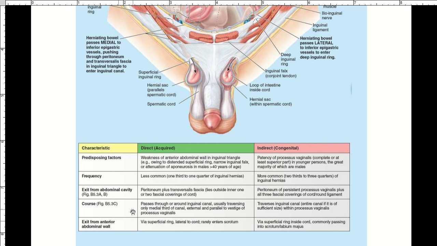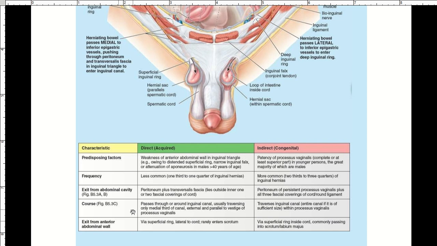The indirect hernia exits via the superficial ring and commonly passes into the scrotum, and the labia majora in females.